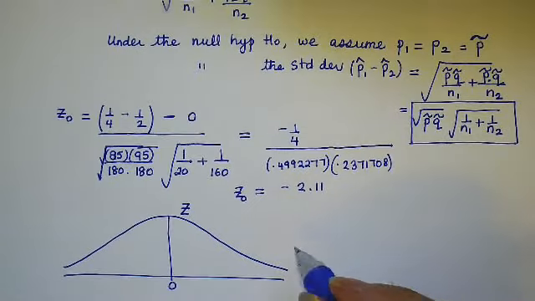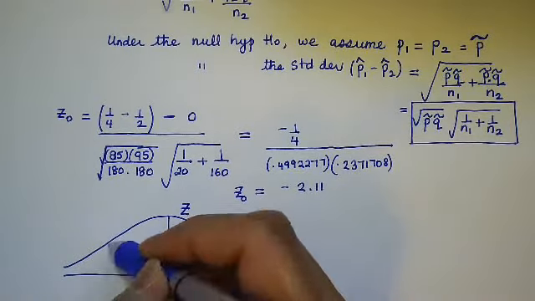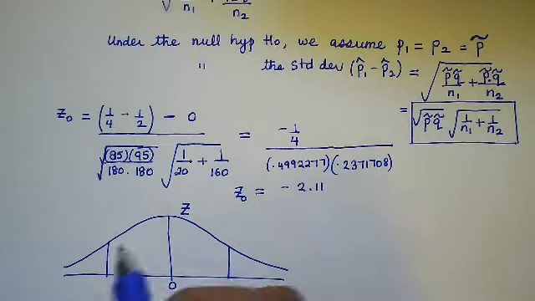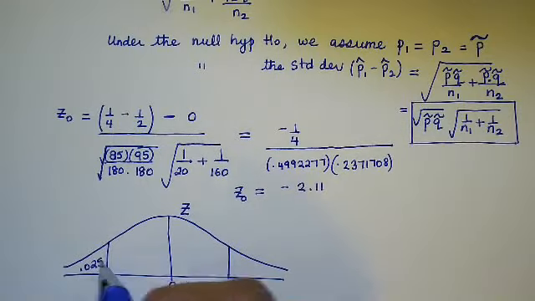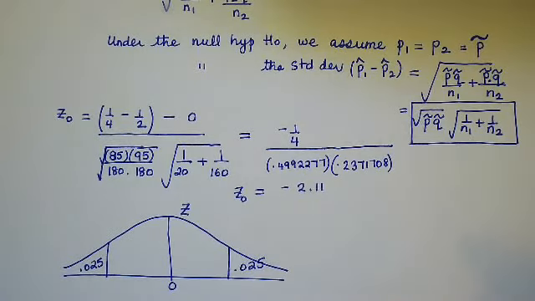Next, I draw my Z distribution. This has 2 rejection regions. This is a 2-sided test with alpha equals 0.05. So 0.025 here and 0.025 here.